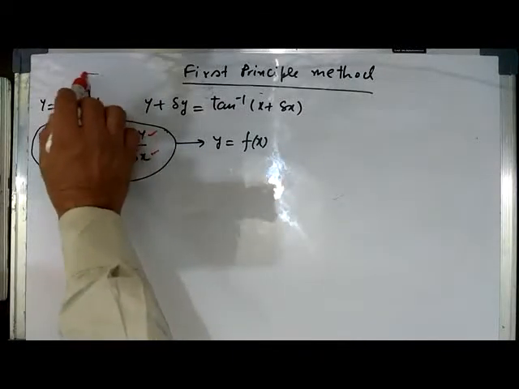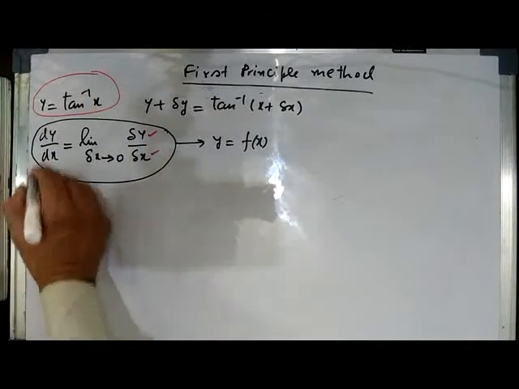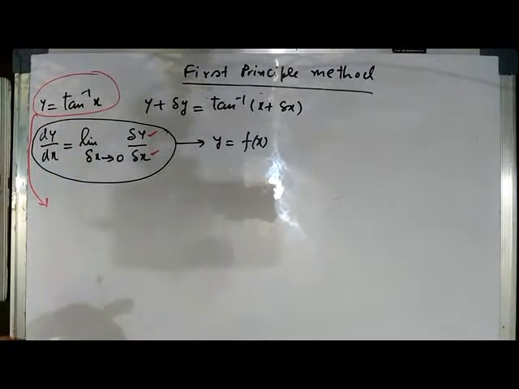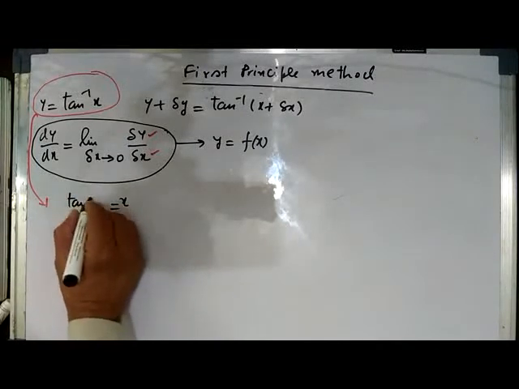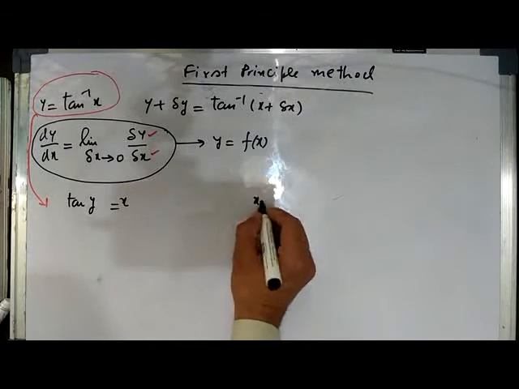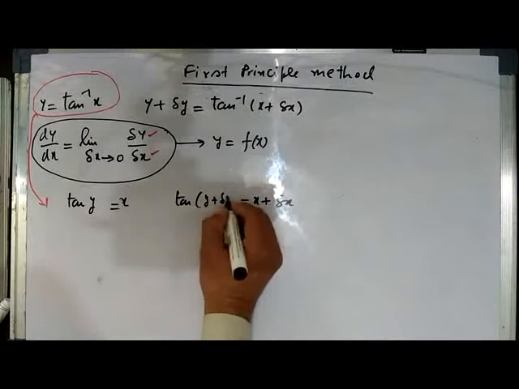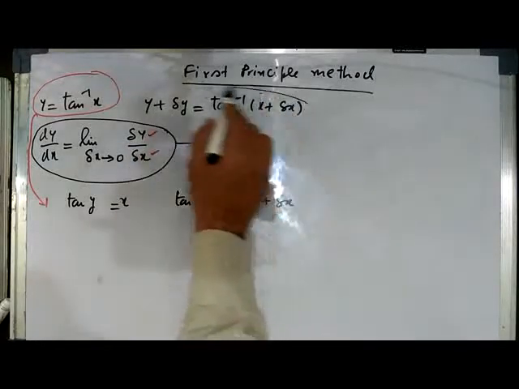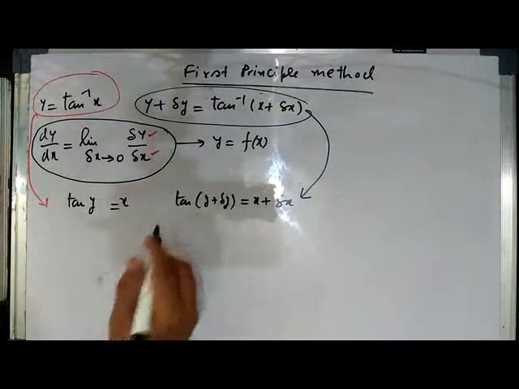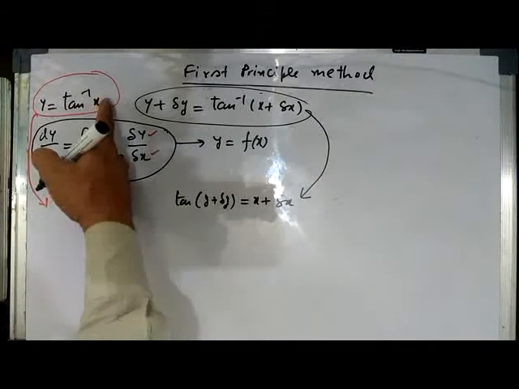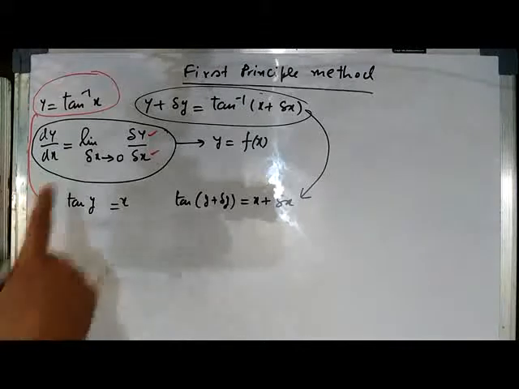But suppose we don't know directly how to find the differential of this, so we write this as x as a function of y. Then x plus delta x will be a function of tan y plus delta y. Now from here this is coming, and from here this is coming. For this, when y is a function of x, then this formula is used.